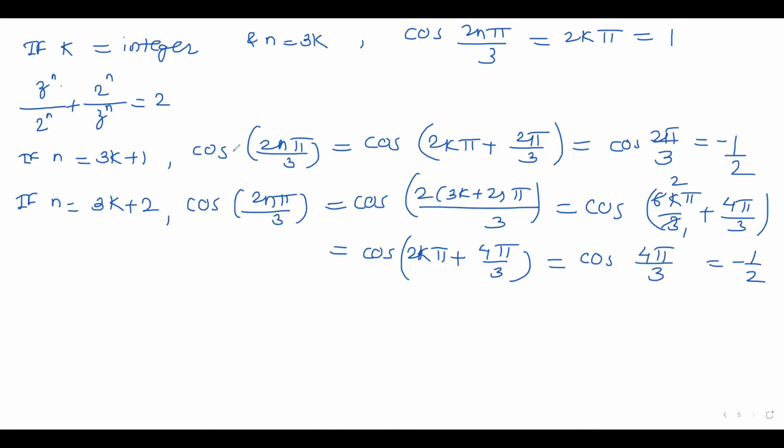As you can notice, n is not a multiple of 3, and therefore for these cases we have to show the answer is 0. And if n is not a multiple of 3, call this 1 and call this 2.